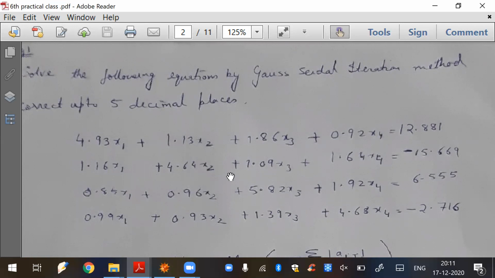Another thing we can do, suppose I can write 4.93x1 plus 1.8x3 plus 1.13x2 plus this thing. So that will also not change my solution. So we are allowed to do those shufflings, but you see properly that those shufflings are nothing but just changing the rows and the columns of the coefficient matrix. That means the elementary row operations or elementary column operations.